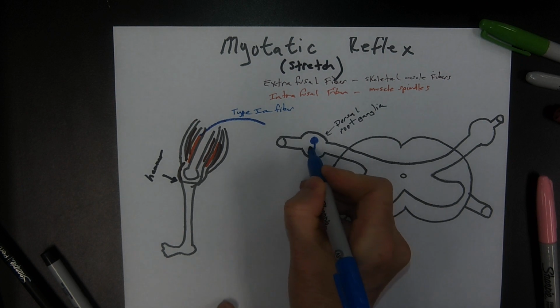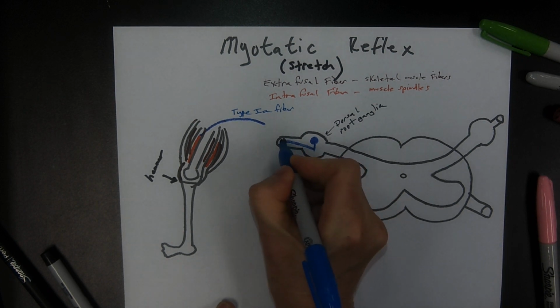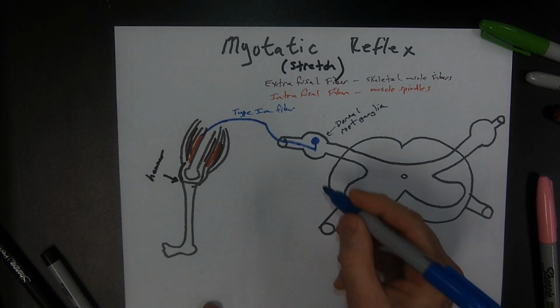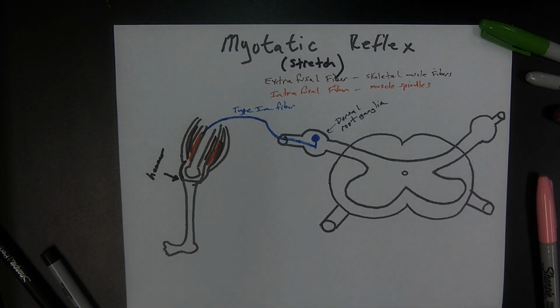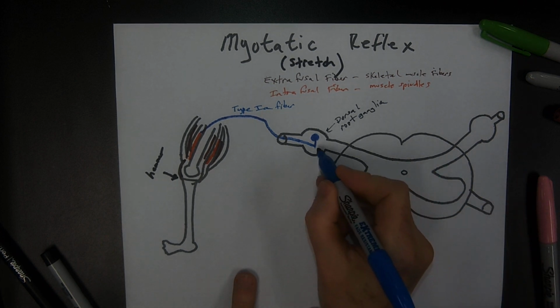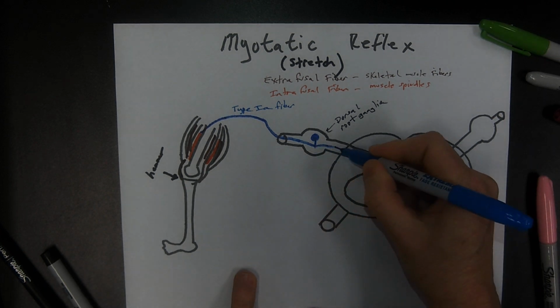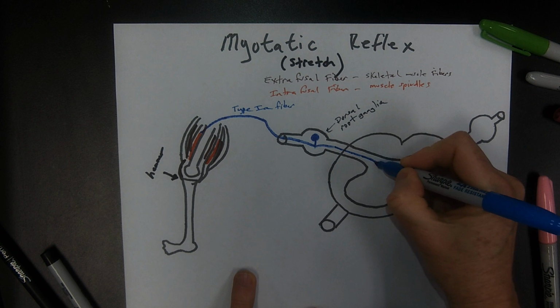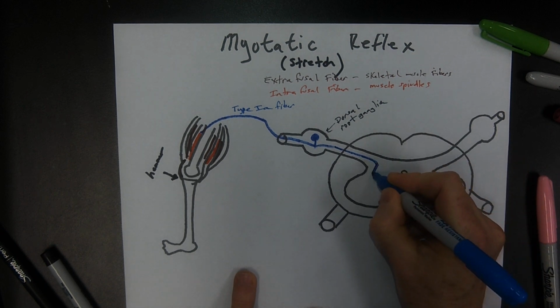So the dendrites are going to come out here through the dorsal root, and these are associated with your muscle spindles. The axons from this first order neuron are going to come in here, and then it bifurcates.